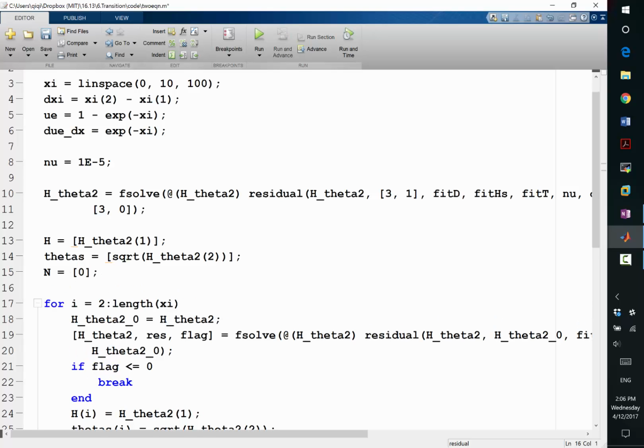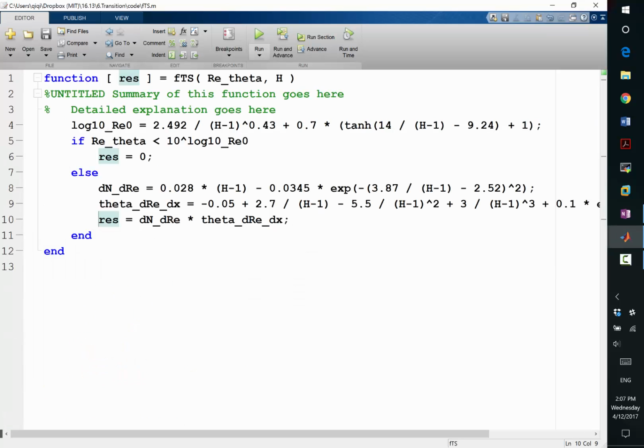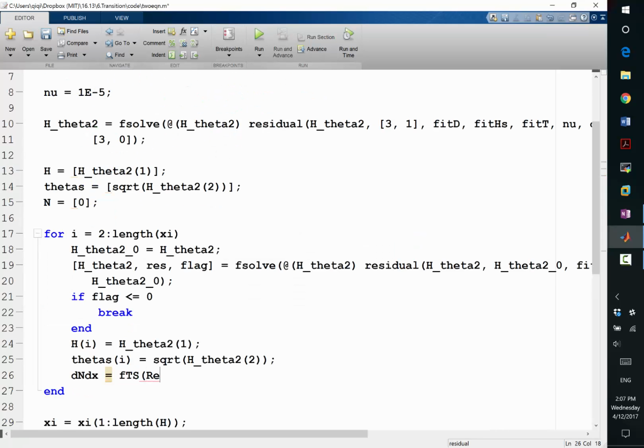Because in the leading edge, the disturbance is basically baseline, the seed disturbance. So after every integration, we are going to compute dn dx equal to the function we called fts. It takes Re theta and h.